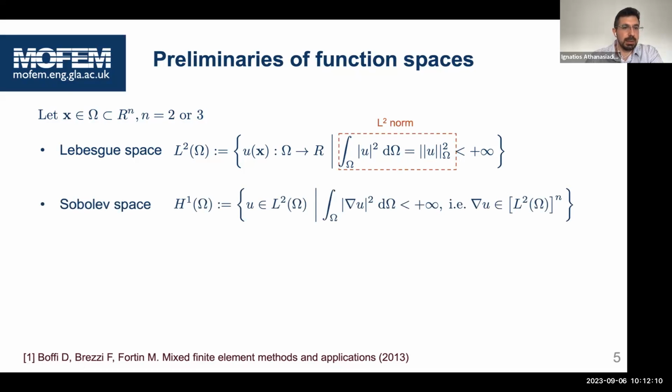Then the second space that we are interested in is the Sobolev space H1, which is the space of functions that are already in L2, as presented here, but also the integral of the square of their gradient is finite. So, in other words, it is the set of functions where both the functions themselves and their gradients are in L2.